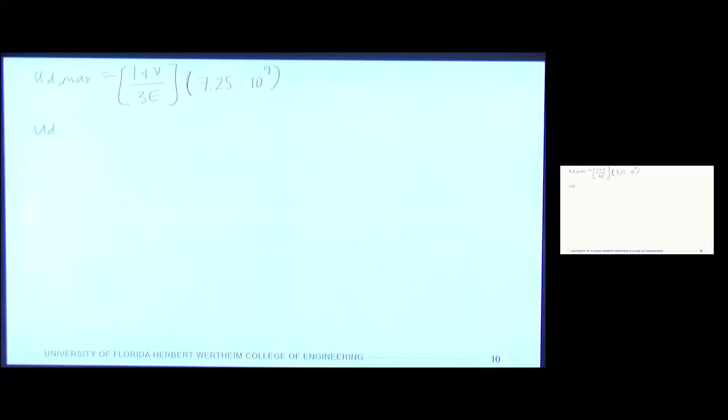UD mean comes out to be the prefactor times 1.18 times 10 to the 9. And our minimum has the same prefactor. Oh, actually, they don't calculate this because it doesn't appear in the failure criterion.